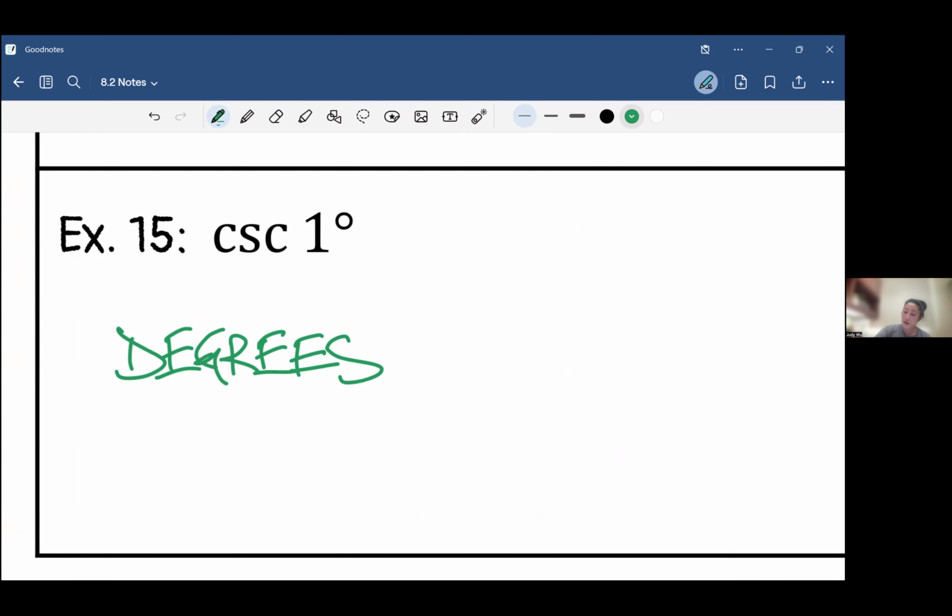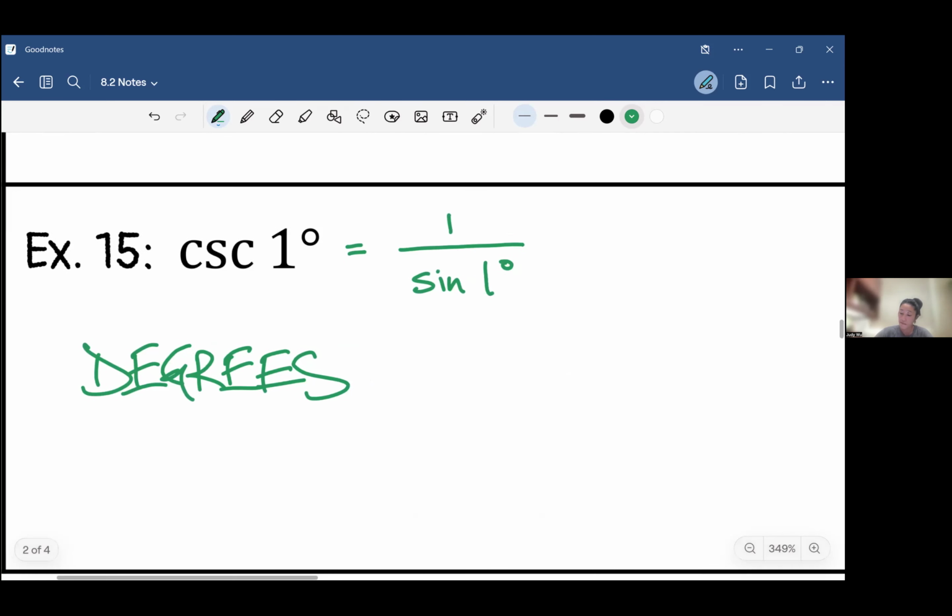That's fine. But on a regular calculator, what you actually have to do first is this. Cosecant is the reciprocal of sine. That means it's going to be 1 over sine of 1 degree. Okay.